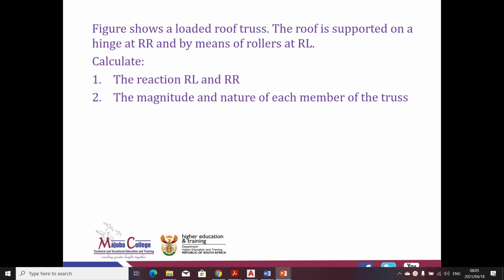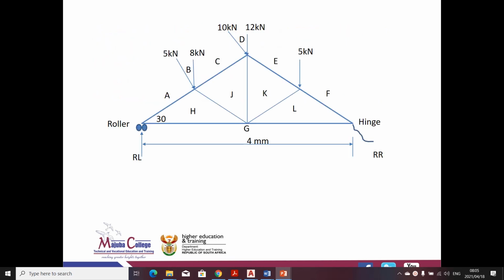All right, so in part 1A we determined the reactions RL and RR using the graphical method. We will do number 2, where we determine the magnitude and nature of each member of the truss. Remember, the truss is this one here.